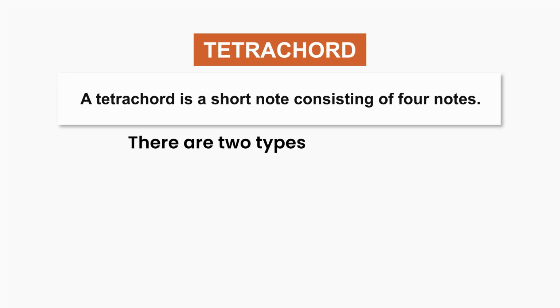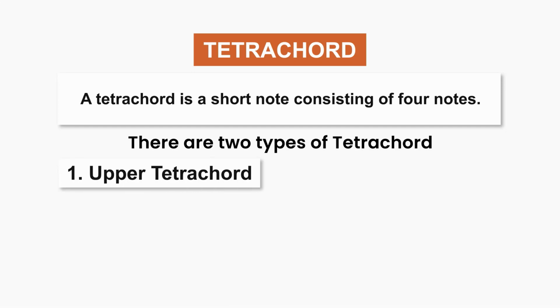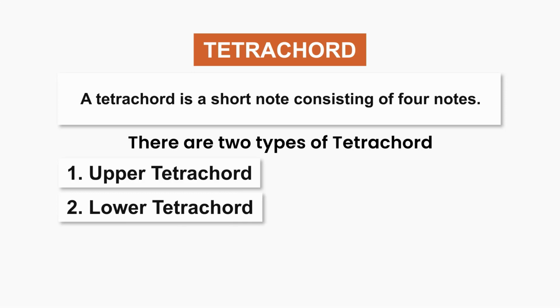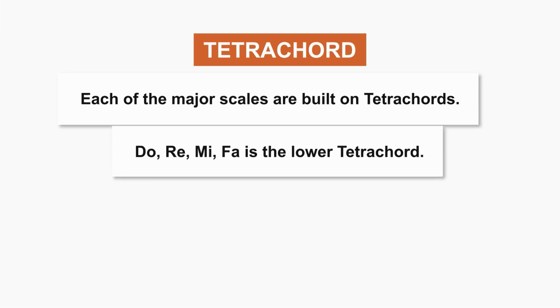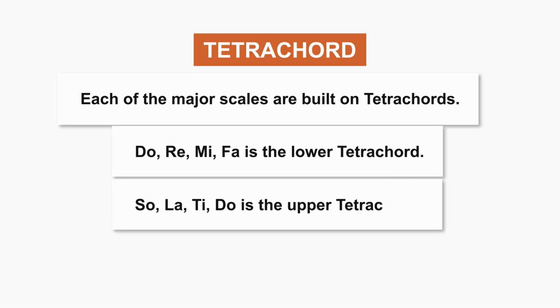There are 2 types of tetrachord. One, upper tetrachord, and the second one, lower tetrachord. Each of the major scales is built on tetrachords. Do, re, mi, fa is a lower tetrachord, while sol, la, ti, do is the upper tetrachord.